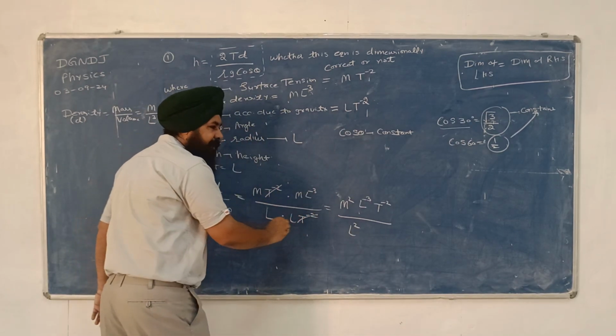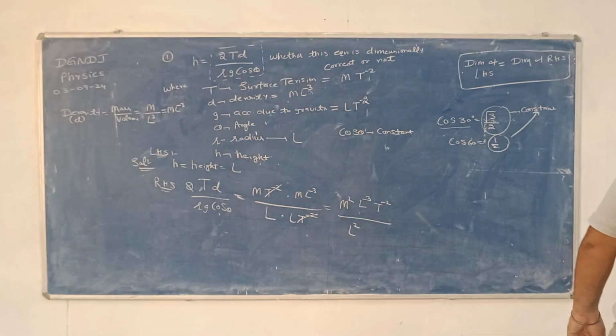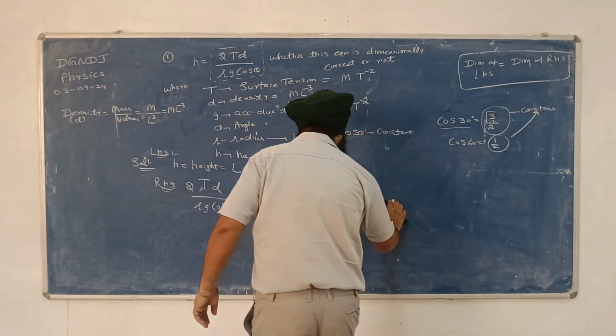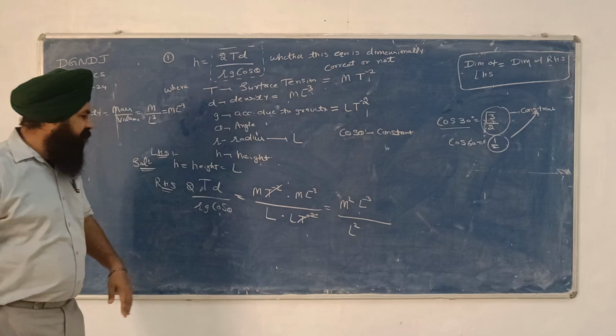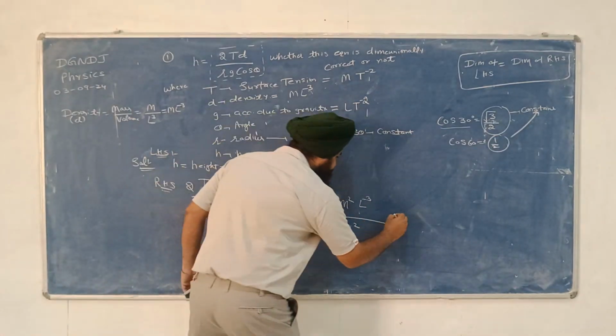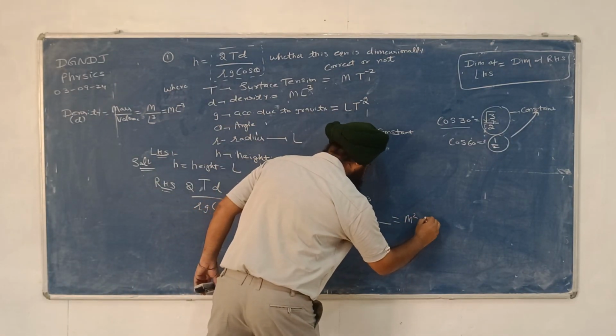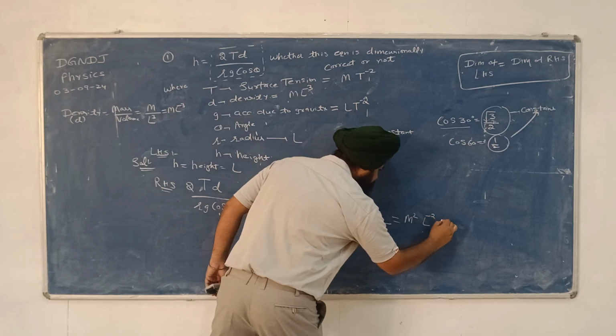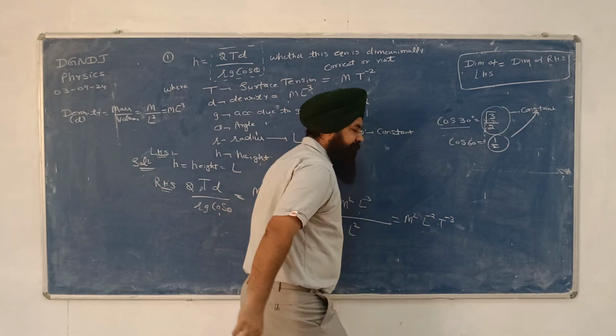T minus 2 कैंसिल. So I have M square L minus 3 upon L square, and I have a final formula: M square L minus 2 T minus 3.